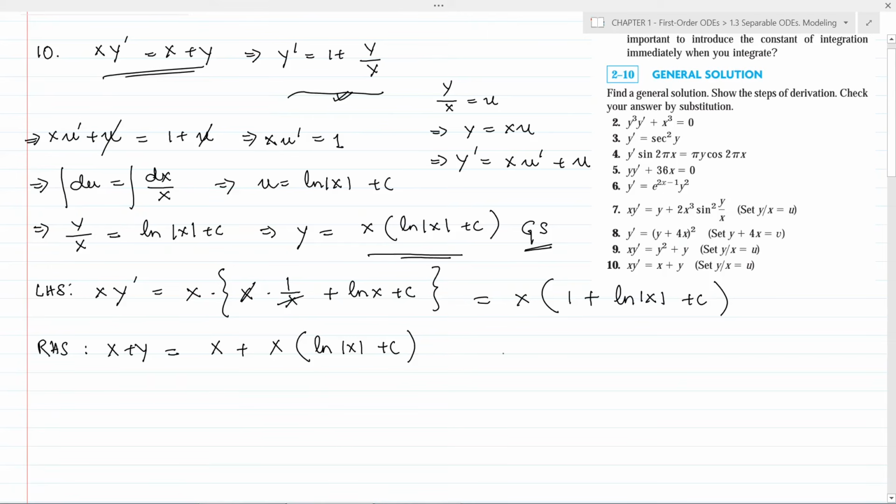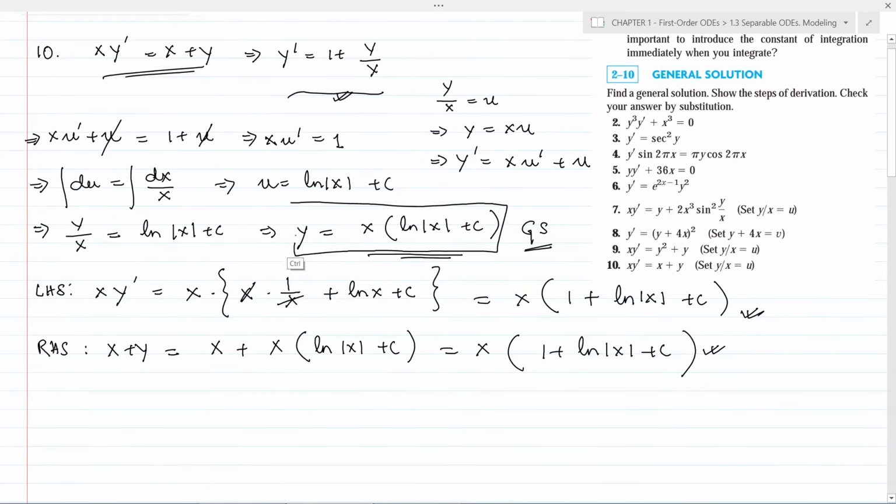We take x common and this becomes x times (1 plus natural log of x plus c). We see that the LHS and the RHS are equal. That means the solution that we got, the general solution, is a solution to the ordinary differential equation given here.